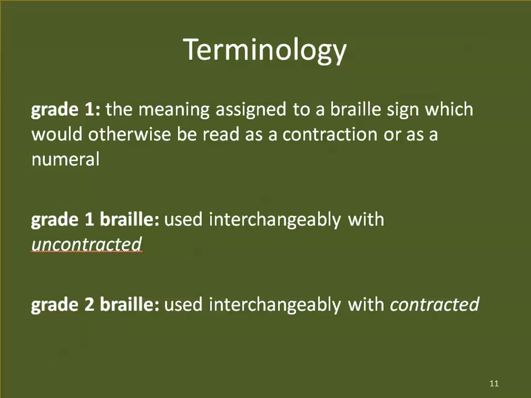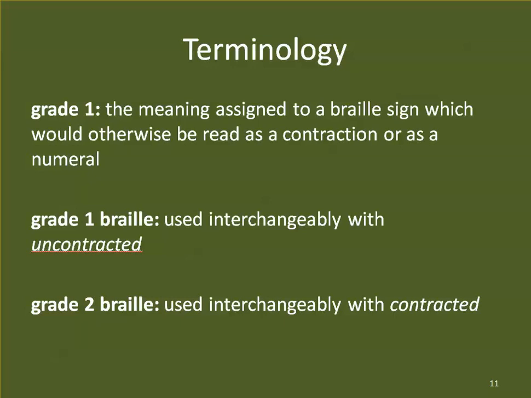Here in the United States, we started calling it uncontracted and contracted because it was getting confused with elementary grades 1 and 2. Again, we weren't in on the discussion, so we weren't able to put a stop to it. So this has been called Grade 1, and we'll talk more about it in a bit. So we just have to put up with it. It is what it is.